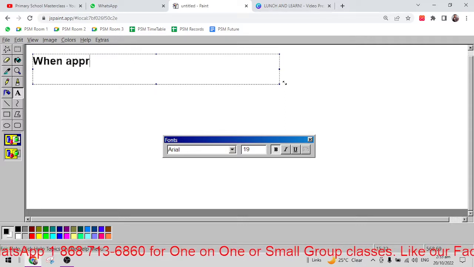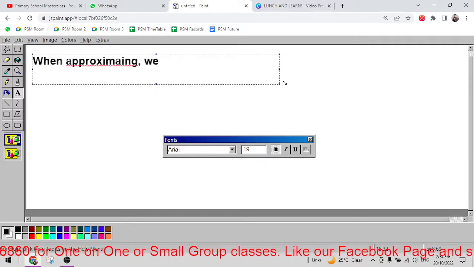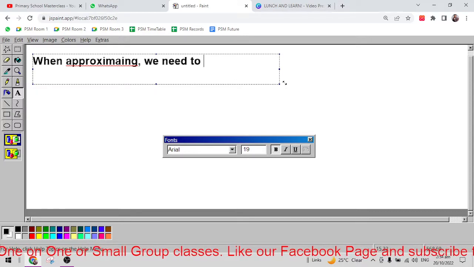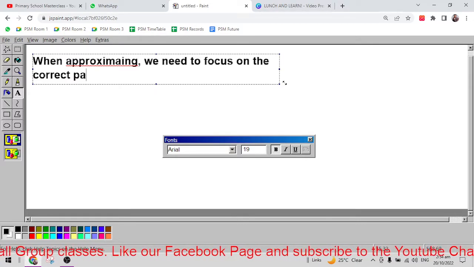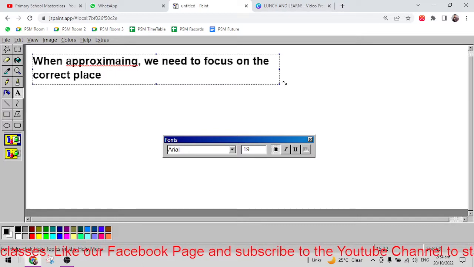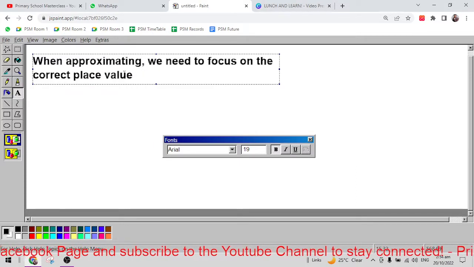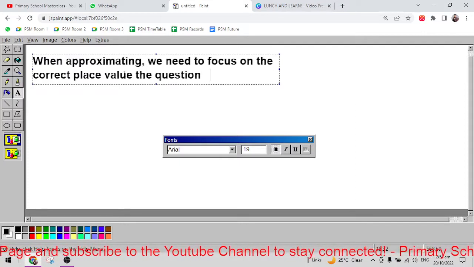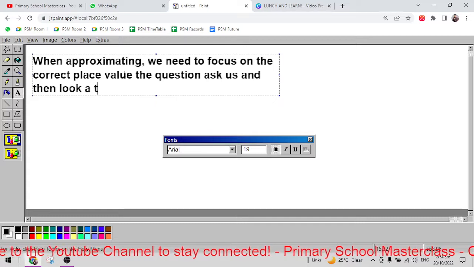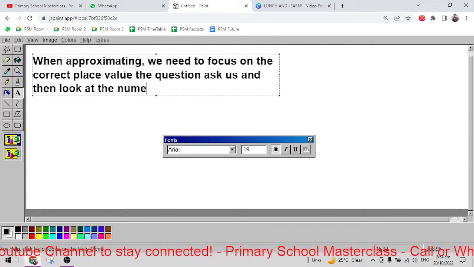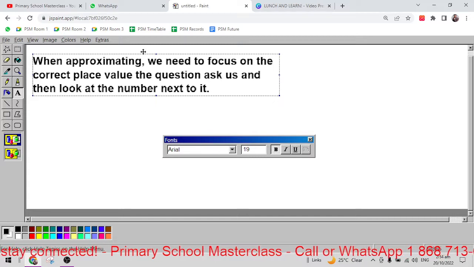When approximating, we need to focus on the correct place value, then look at the number next to it.